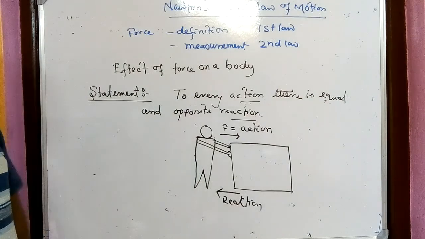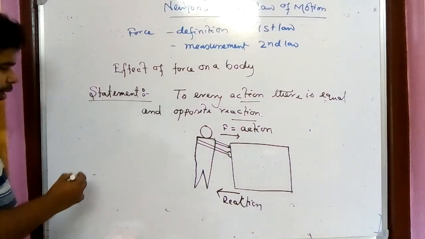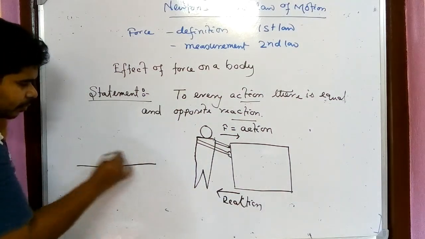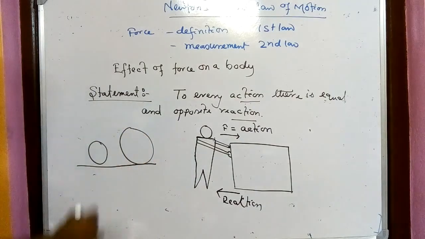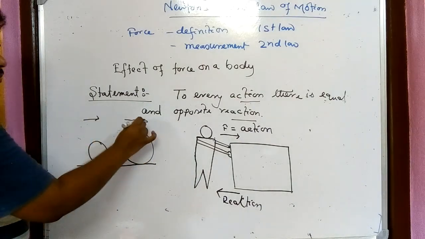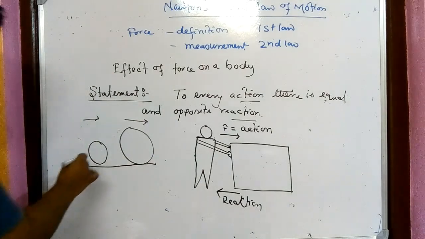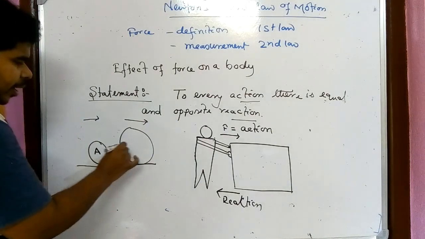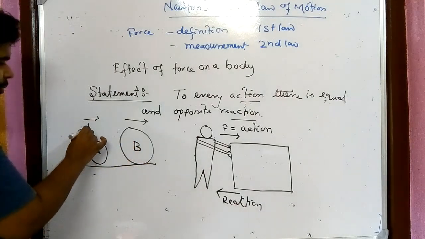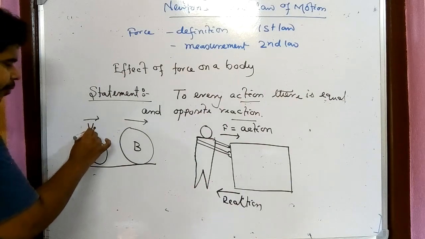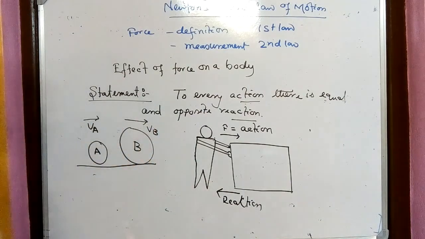Now, from here, I want to show you one very easy concept. Assume two balls moving in one direction. Assume it is ball A and it is ball B. The speed of ball A is VA and the speed of ball B is VB.